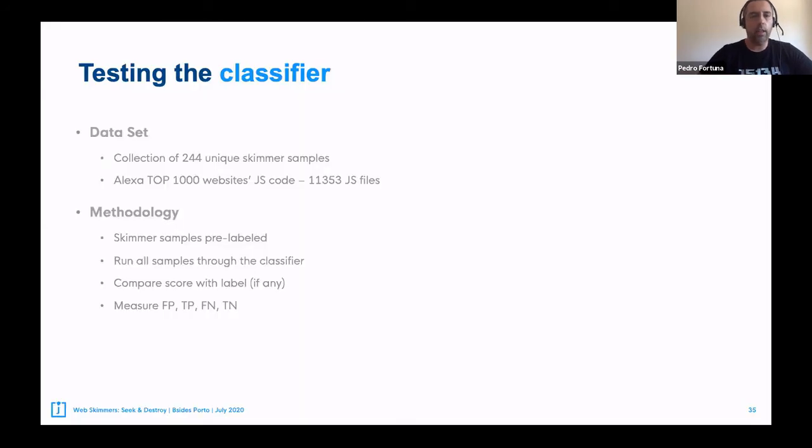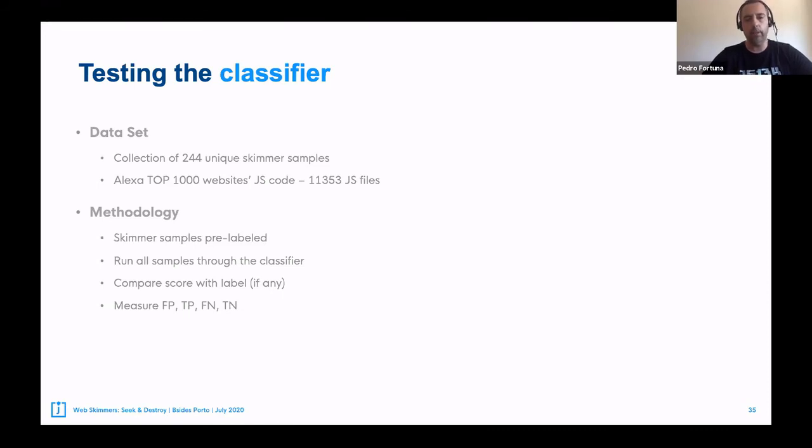About testing, we collected 244 unique skimmer samples. These are real MageCart skimmers. We also collected JavaScript code from the top 1,000 Alexa sites, which resulted in 11,353 files.